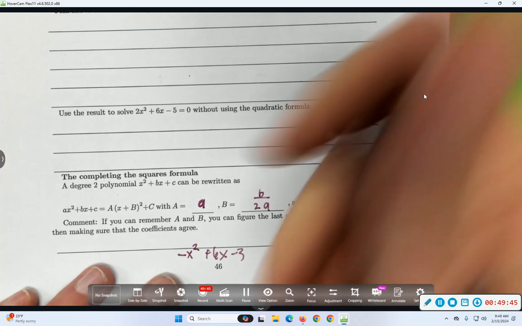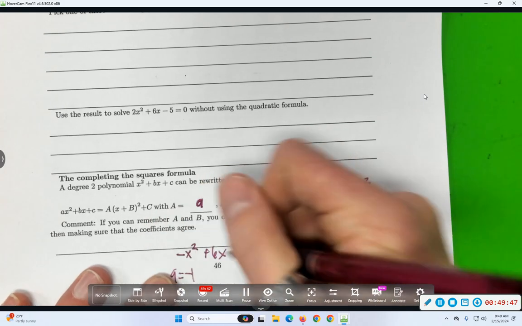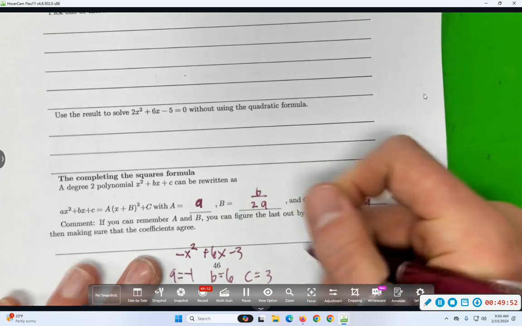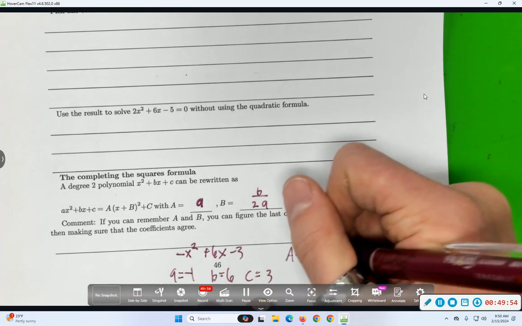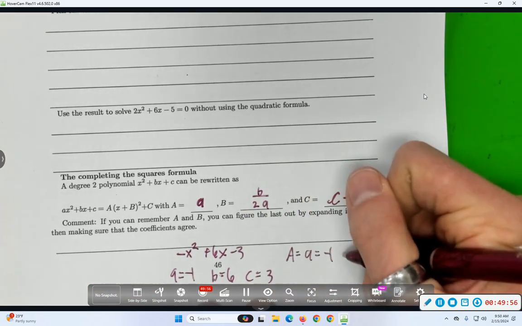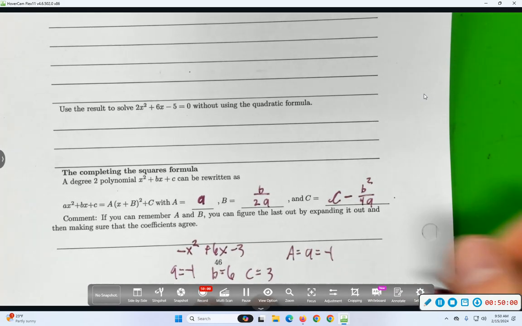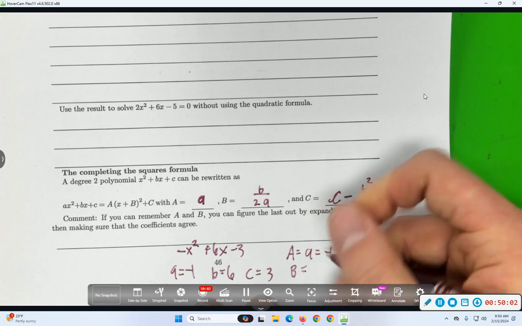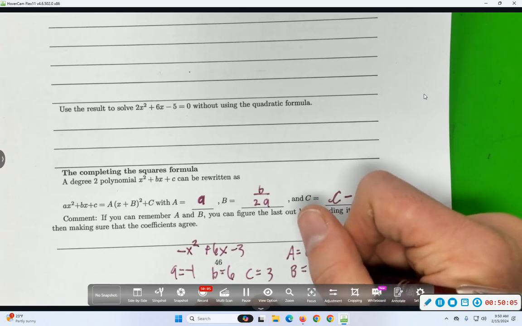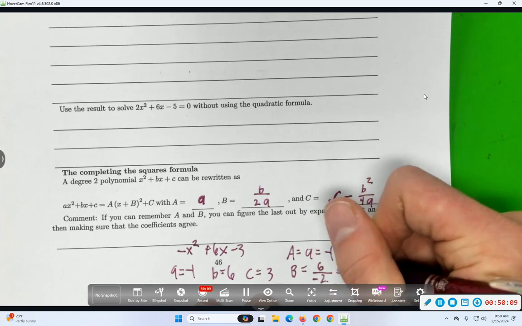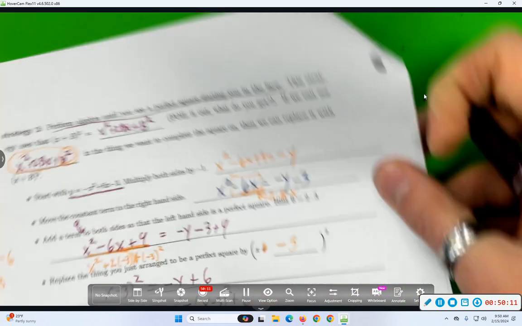So it looks like I have little a equal to negative 1, little b equal to 6, little c equal to negative 3. So big A equals little a equals -1. Does that agree with what's above? Awesome. Big B is equal to little b over 2a, so 6 over -2. That's -3. Oh, cool. That agrees with above.